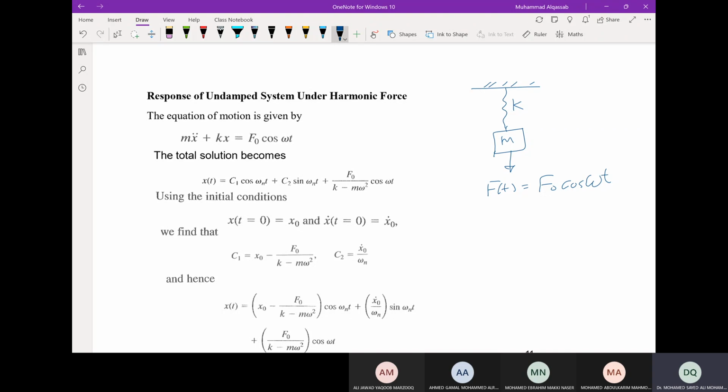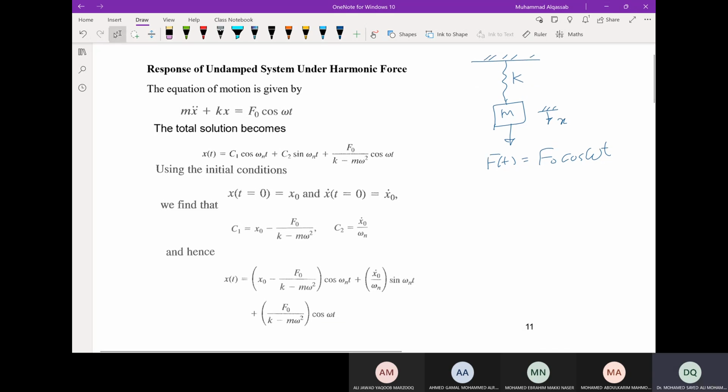Both are harmonic. And what you need to find is how much is x and what is the amplitude of x. So you can use the solution we have before, or you can make the derivation from the beginning.